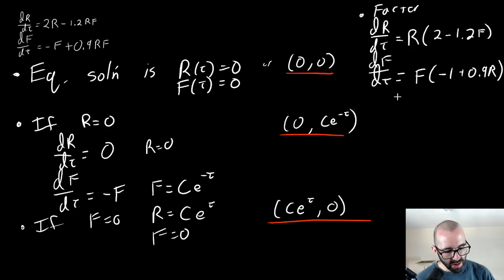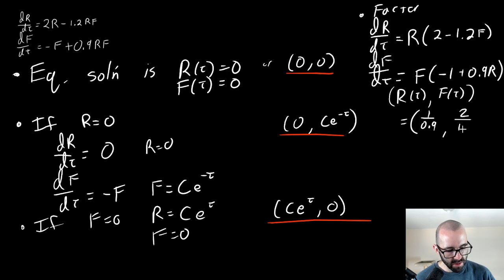So we can get an equilibrium solution if R of t, F of t equals, well, if R is just add 1, divide by 0.9, whatever that number is, and if F is, add that, all right, 2 divided by 1.2, then we get another solution.